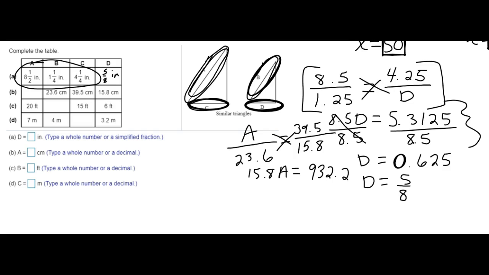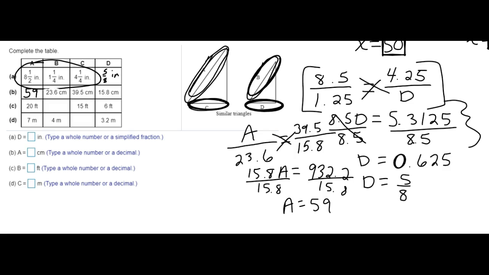Then I'm going to divide both sides by 15.8 to give me A equals 59. There's no rounding needed. That was the exact answer. And so I can go to my answer blank or my table and put in 59, and that would be centimeters, but it's not letting me write that in, so I'm just going to leave it as 59.